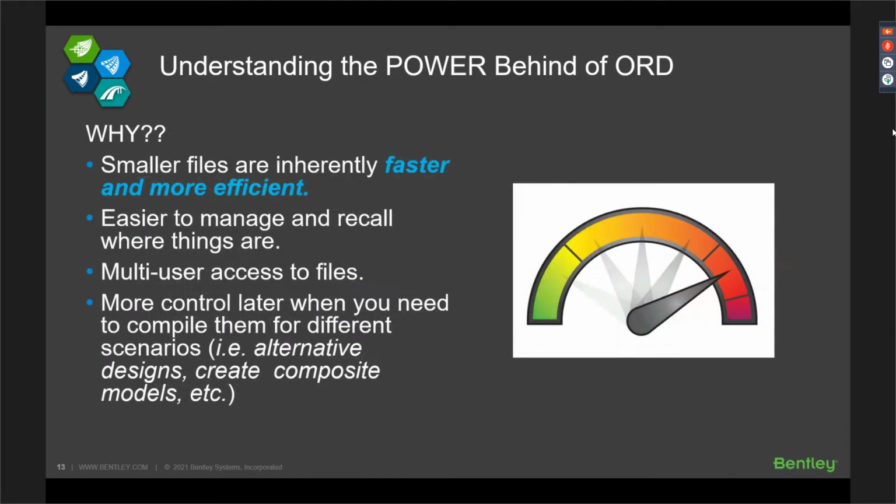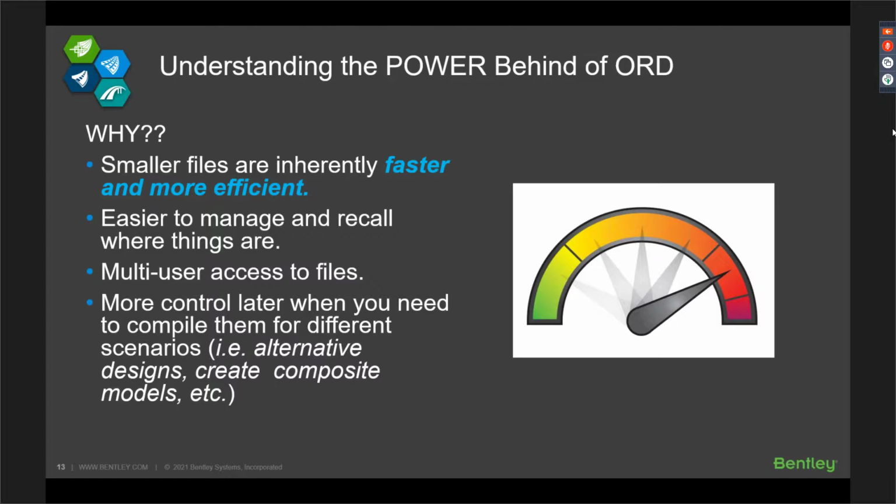How do we benefit if we do such a method? Okay, smaller files are inherently faster and more efficient, and it's easier to manage and recall where things are. And it also makes sure that regardless of you having a small or big team, meaning to say maybe a multi-user environment, people get to access files readily.